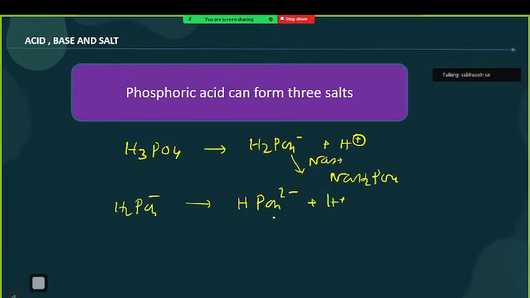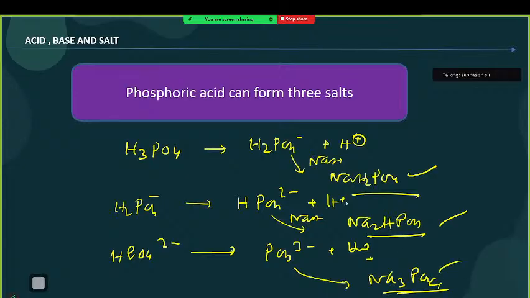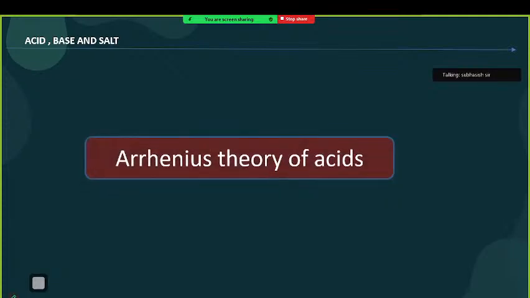HPO4 2 minus reacts with sodium hydroxide to produce Na2HPO4. Now HPO4 2 minus dissociates to form PO4 3 minus plus water. PO4 3 minus with sodium hydroxide produces Na3PO4. So 3 different types of salt can be prepared from phosphoric acid: sodium dihydrogen phosphate, disodium hydrogen phosphate, and sodium phosphate.